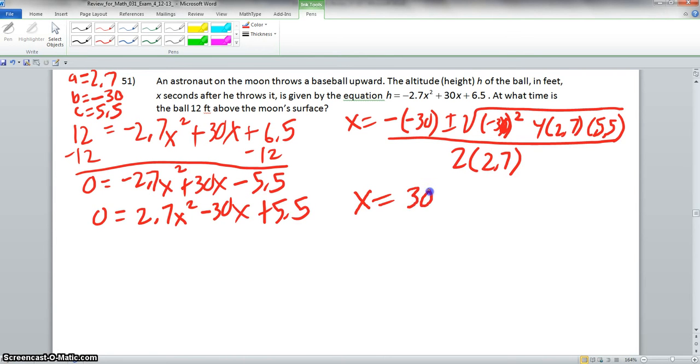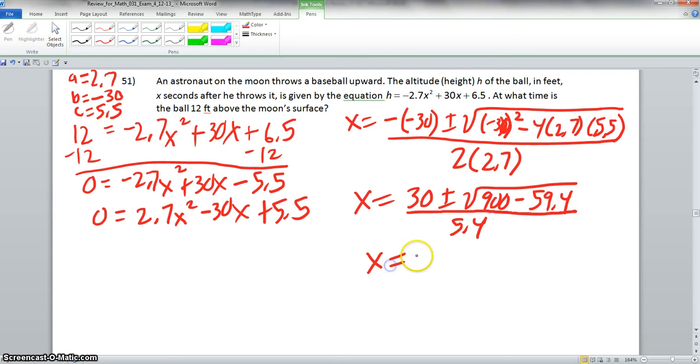So x is equal to 30 plus or minus the square root of negative 30 squared, which is 900, minus 4 times 2.7 times 5.5, which gives us 59.4, all over 5.4. So we have x is equal to 30 plus or minus the square root of 840.6 all over 5.4.